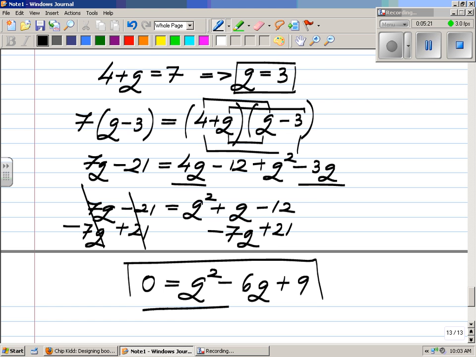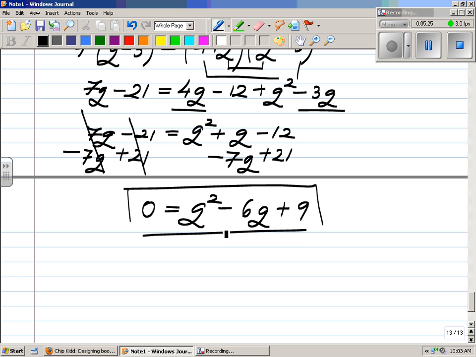When you have a quadratic equation to solve, the first thing you're looking for is to see if that's a perfect square. Is that a perfect square? Well, how do you check if it's a perfect square? If the first term is a square, and that's q squared, right? The last term is also a square. That seems to be what? 3 squared.